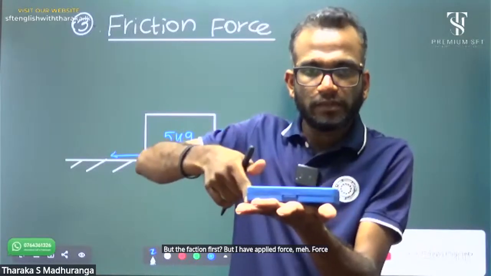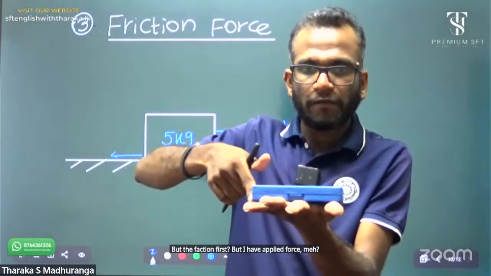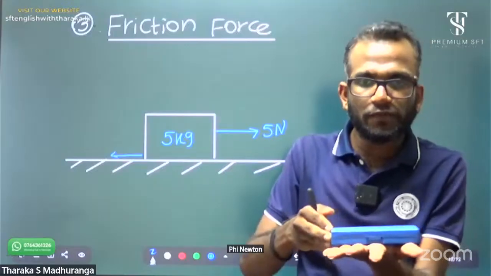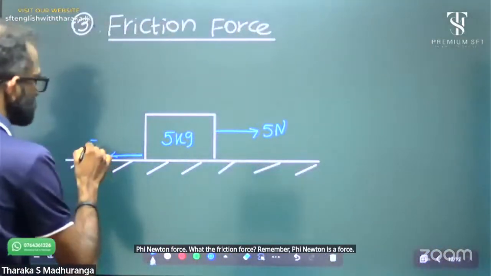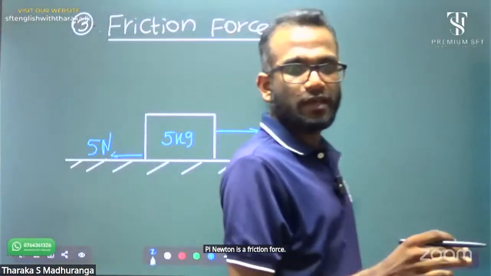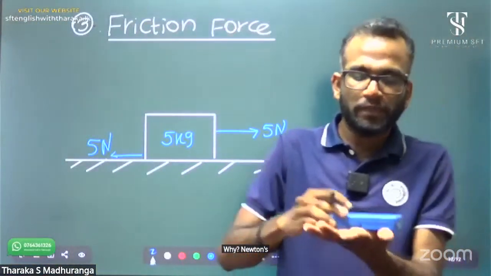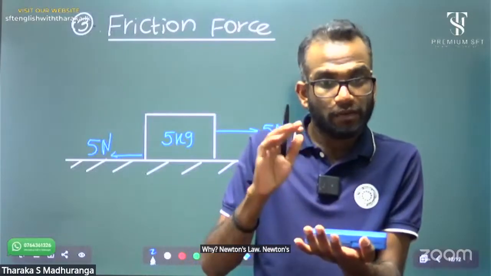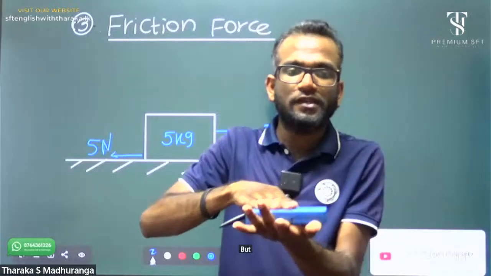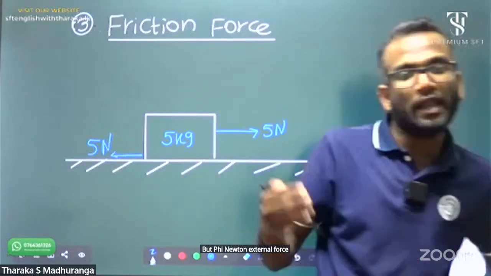I have applied a 5 Newton force. What's the friction force? Remember, 5 Newton is the applied force, and the friction force is also 5 Newton. Why? Newton's law. The object is still at rest with the 5 Newton external force. If it is at rest, is it a balanced or unbalanced object?